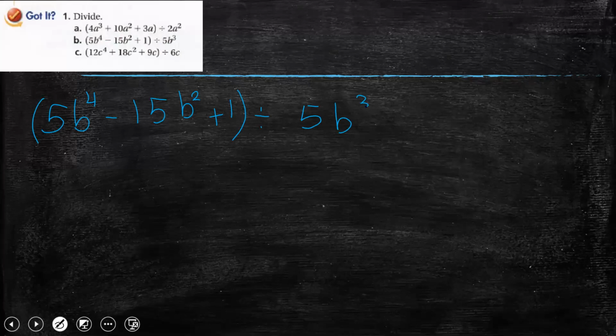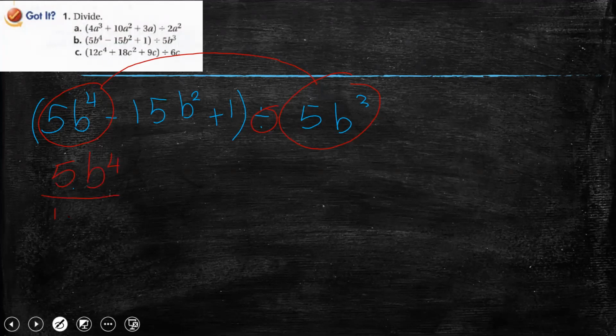Now, what do you have to do here? We have to divide, or distribute, each term over 5b cubed. So 5b to the power 4 over 5b cubed, then minus 15b squared over 5b cubed, plus 1 over 5b cubed.